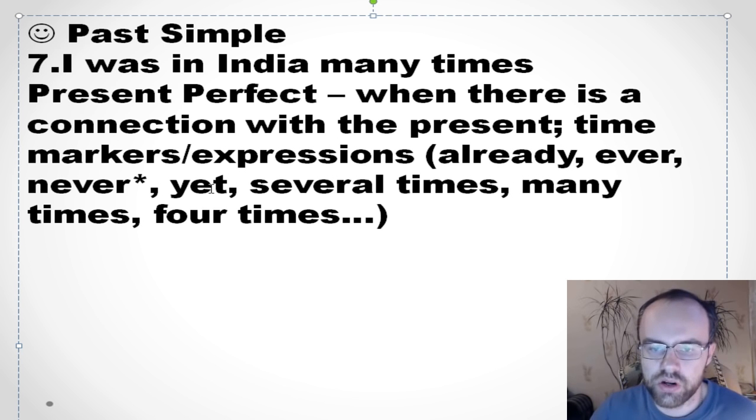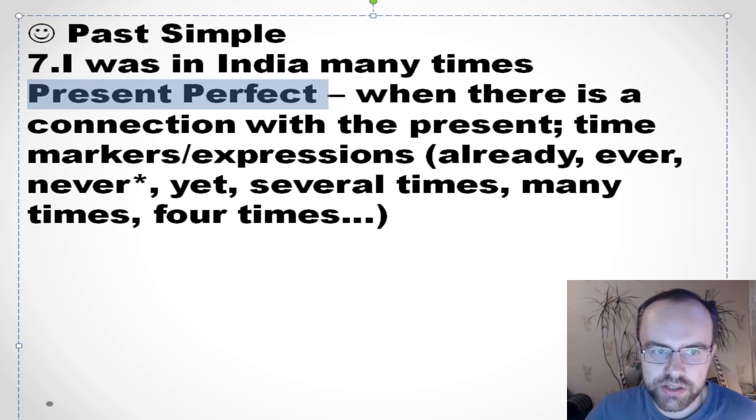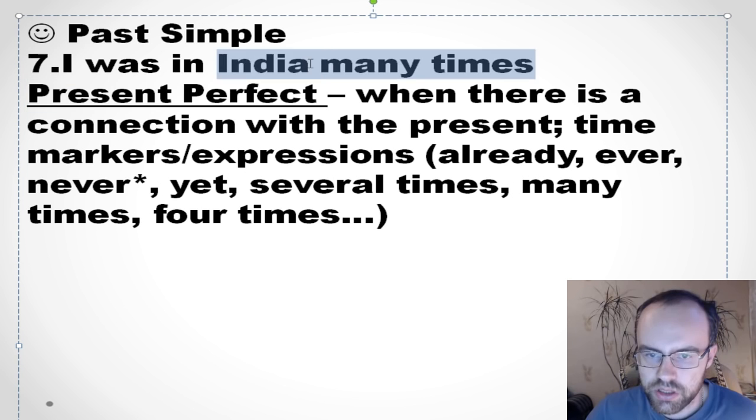We decided to focus on the main time markers. Present perfect, and you see many times, and actually there is a connection with the present. So it's not only in the past.